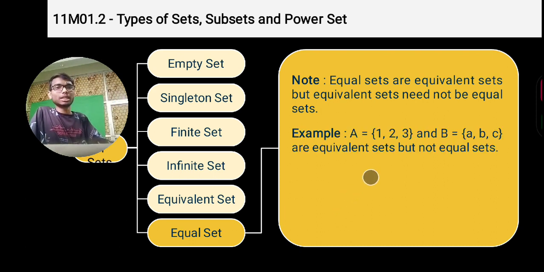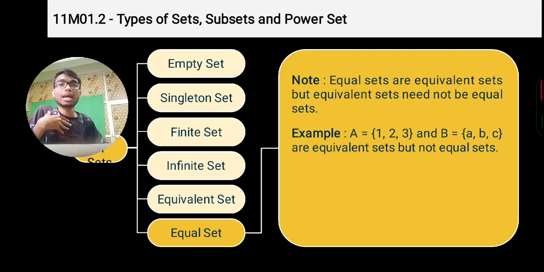We have understood. Example: here 1 2 3, and the number of these elements is 3. In this also the number of elements in this set is 3. This is an equivalent set, as we saw in the discussion of equivalent sets. But what about equal sets? Can we say that this is an equal set? No, we cannot, because in this we have 1 2 3, but in this we have A B C. Both are different, and an equal set does not say this.